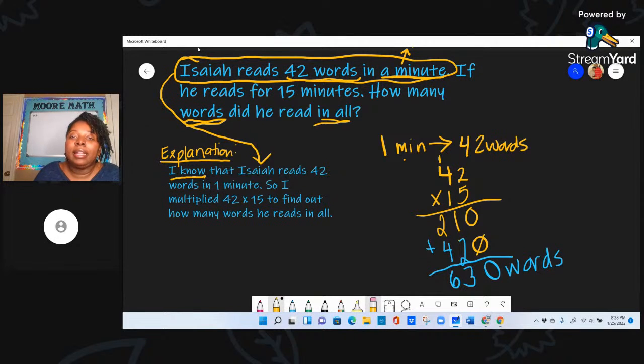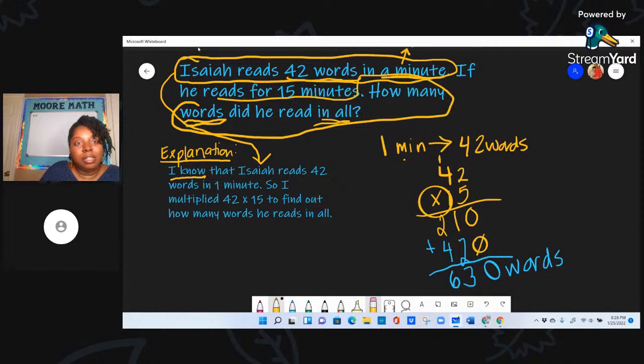So start your explanation with the important information they gave us. Then tell us what you did. I multiplied 42 times 15 to find out, then take the question, how many words he reads in all. You see that?